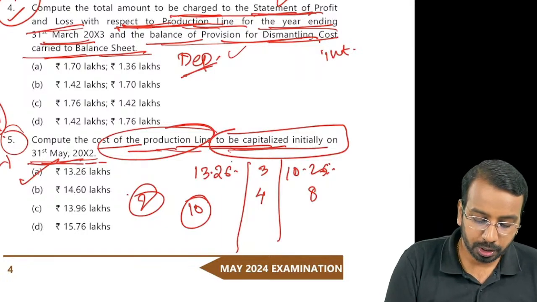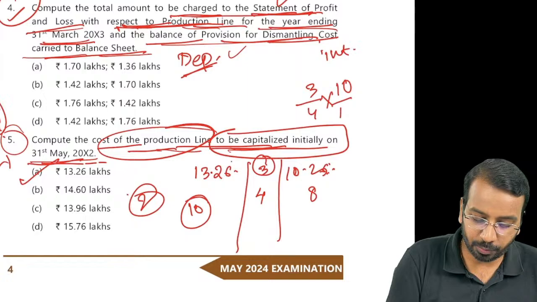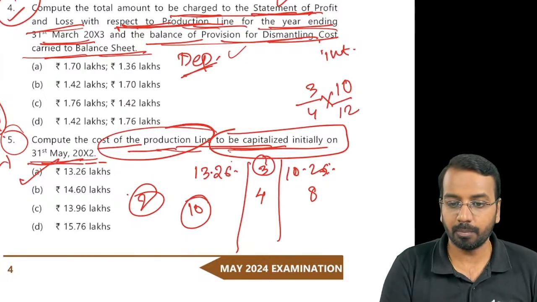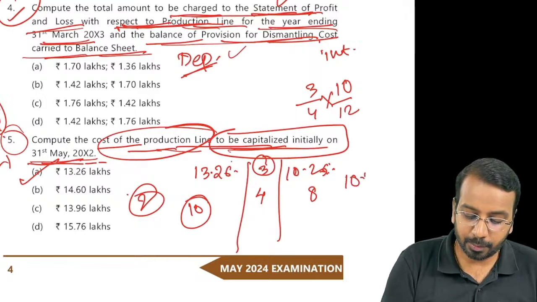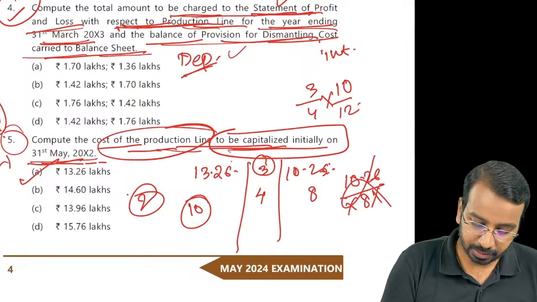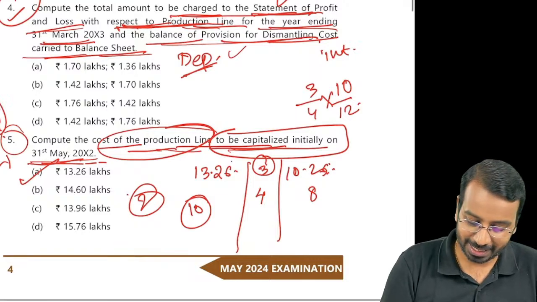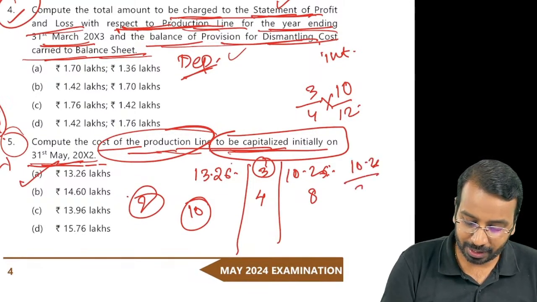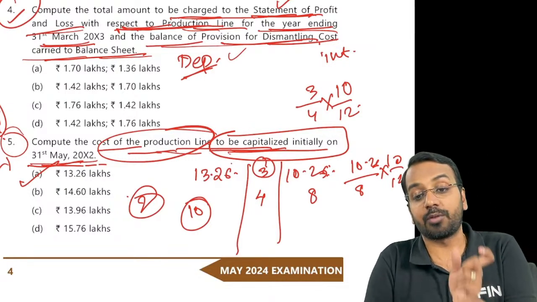So what you will do, 3 divided by 4 into 10 divided by 12, that is for the overhauling part. You can calculate on your own. Then 10.26 divided by 8 into 10 by 12, that is for the other part. That put together will be the depreciation.